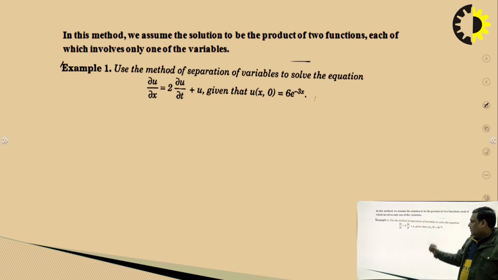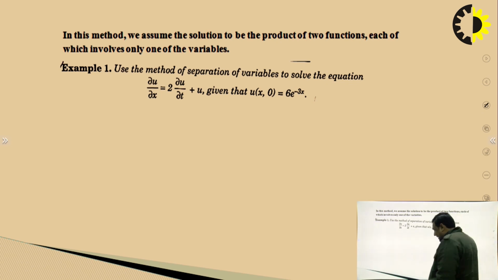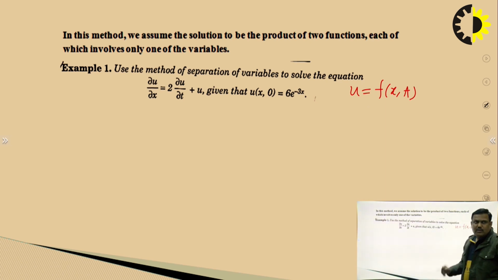Here u is the dependent variable and x and t are independent variables. The solution of this equation is in the form u equals f of x, t.